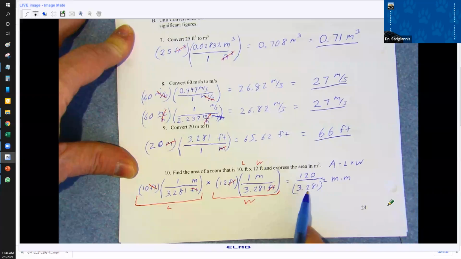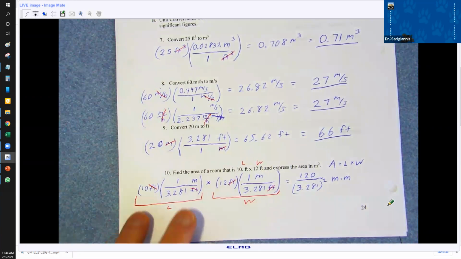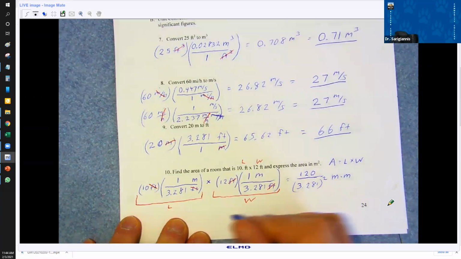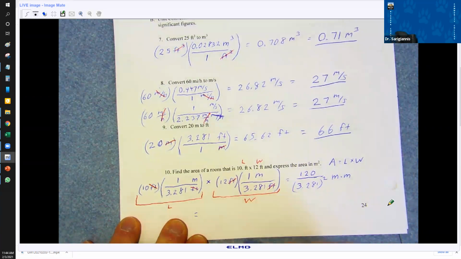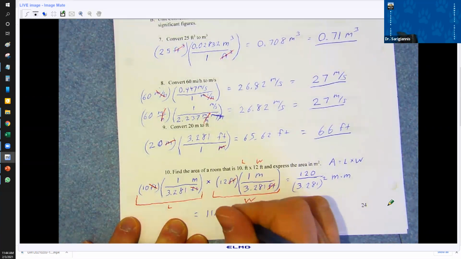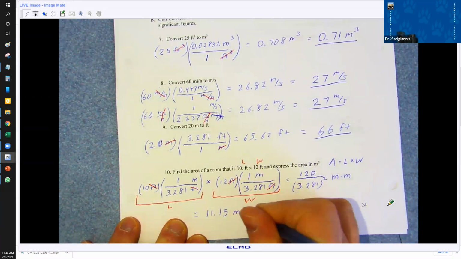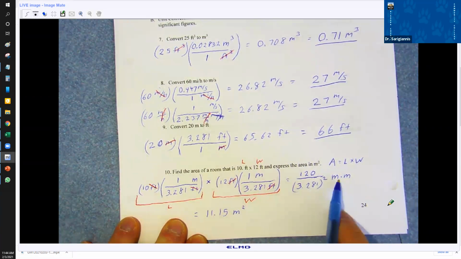You divide 120 by 3.281, then divide that answer by 3.281, or just 3.281 squared. What's the number I get? This is equal to 11.15 meters squared, right? Meter times meter is meter squared.